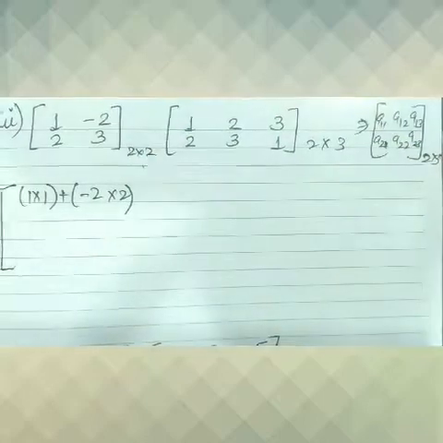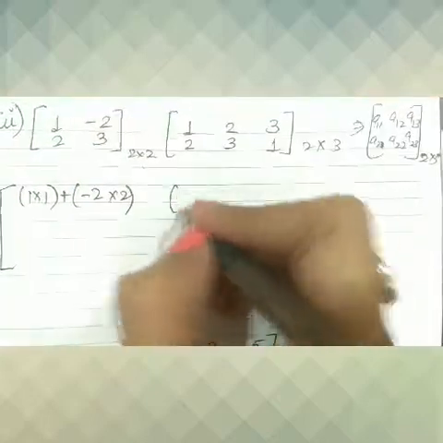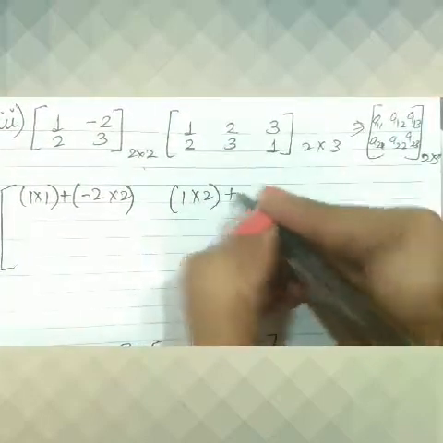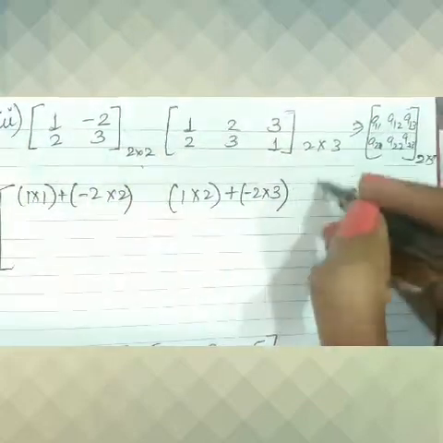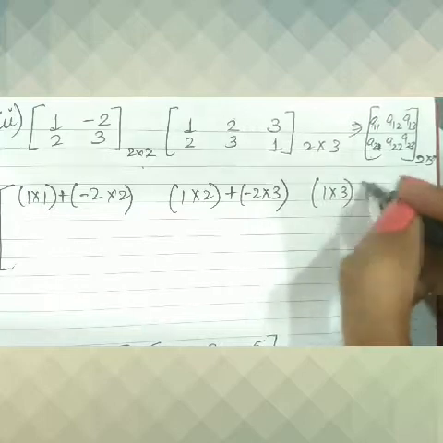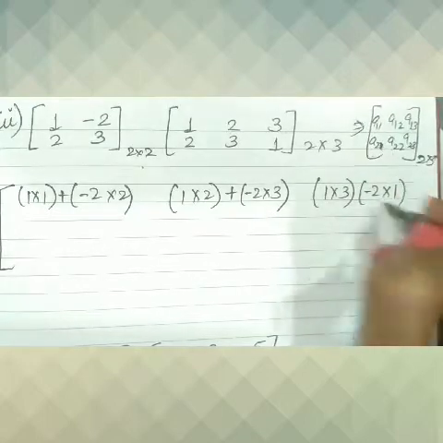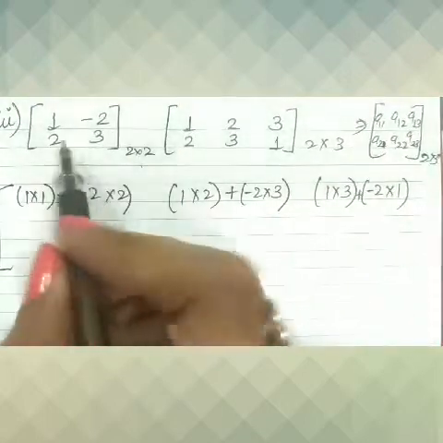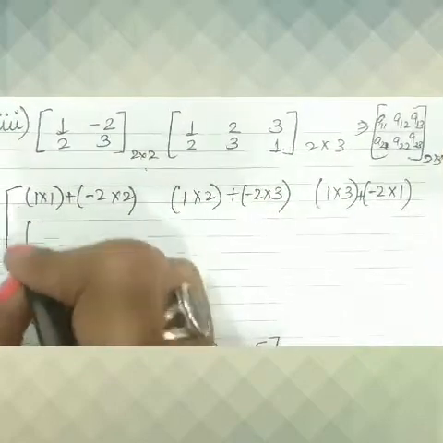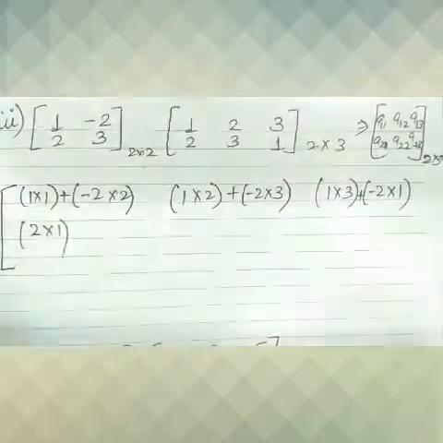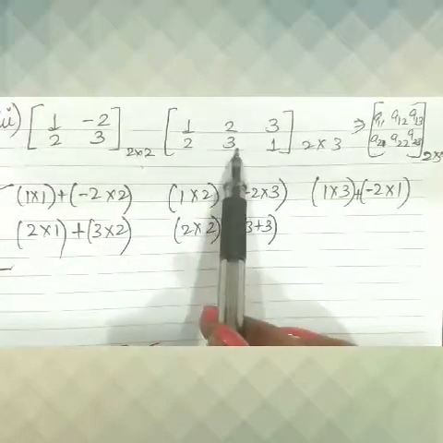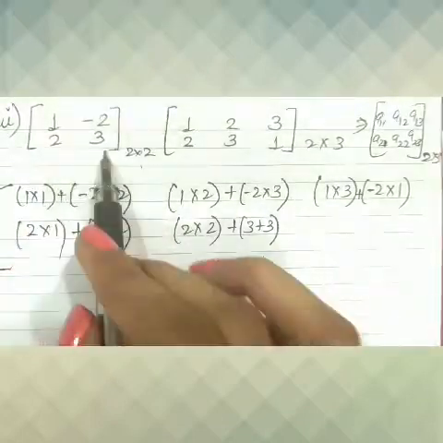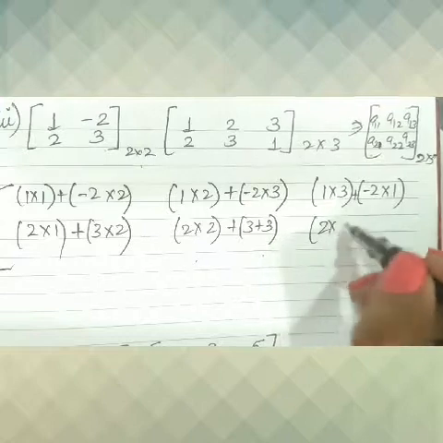First row and second column, 1 into 2 plus minus 2 into 3. First row and third column. Next will be second row and first column. Second row and second column. Next will be second row and third column.